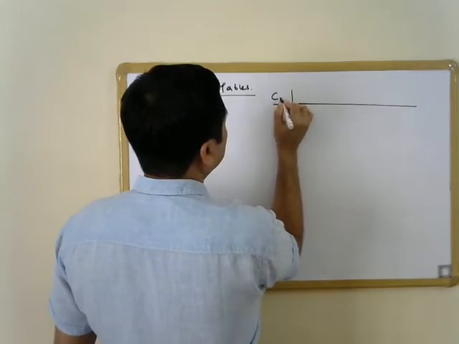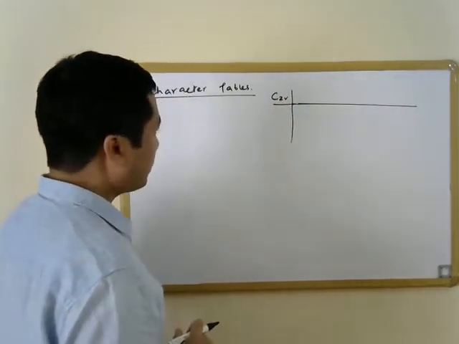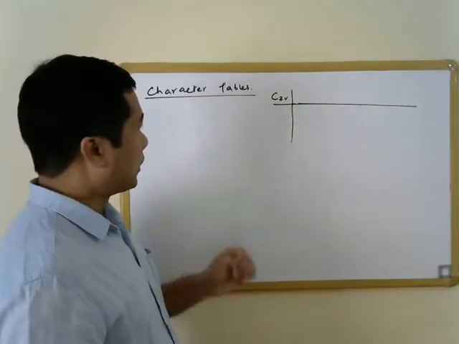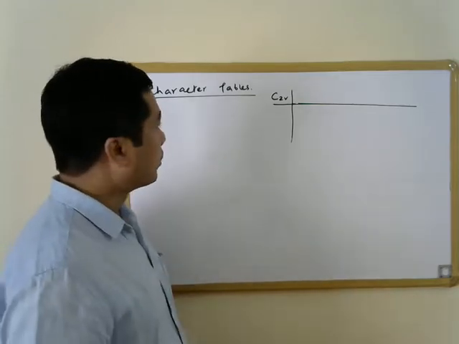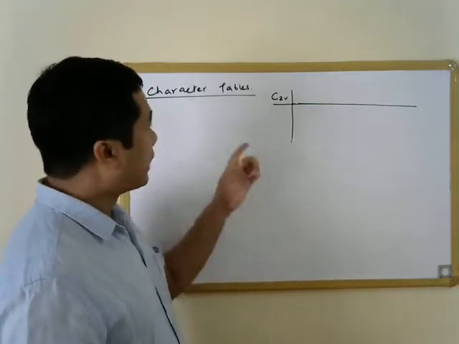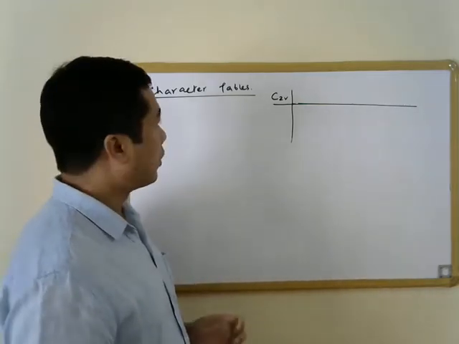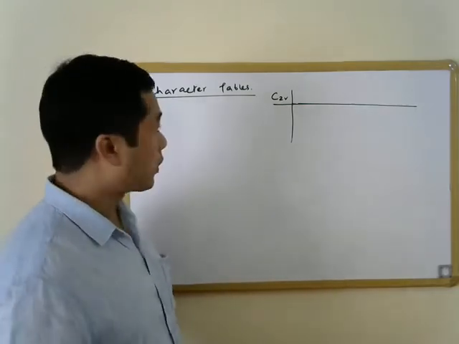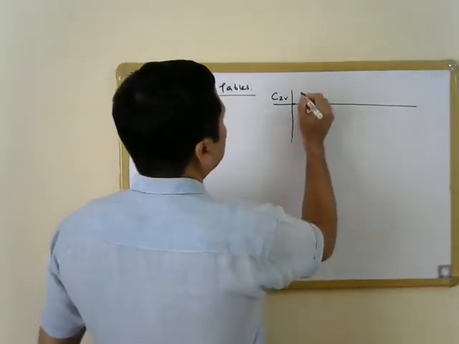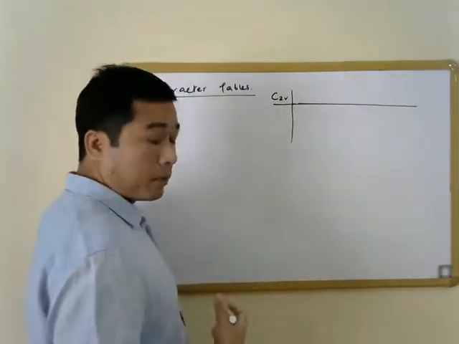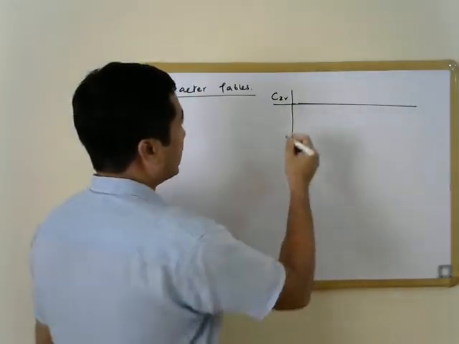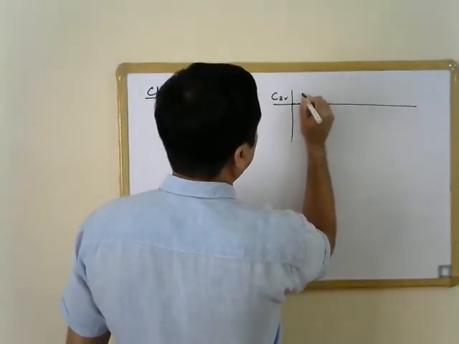So the group symbol, that is the Schoenflies symbol of the point group, is essentially written at the left hand top corner of all the character tables that you are going to come across. And then the symmetry operations or the elements of the group are written in this top section.